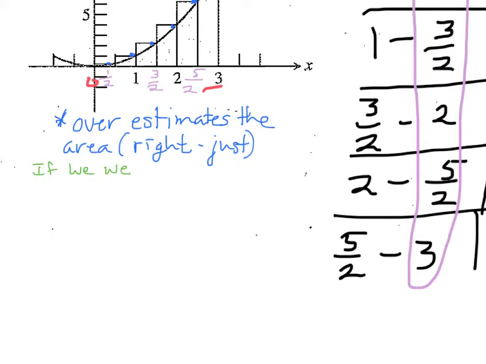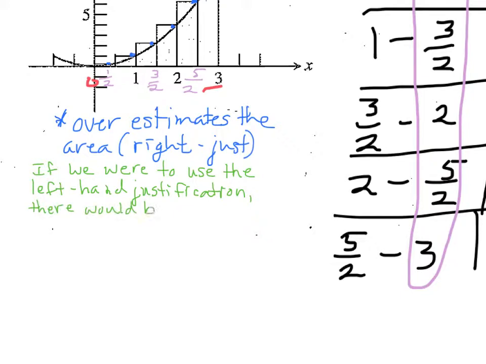If we were to use the left hand justification, there would be an underestimation of the area of 6.875 units squared.